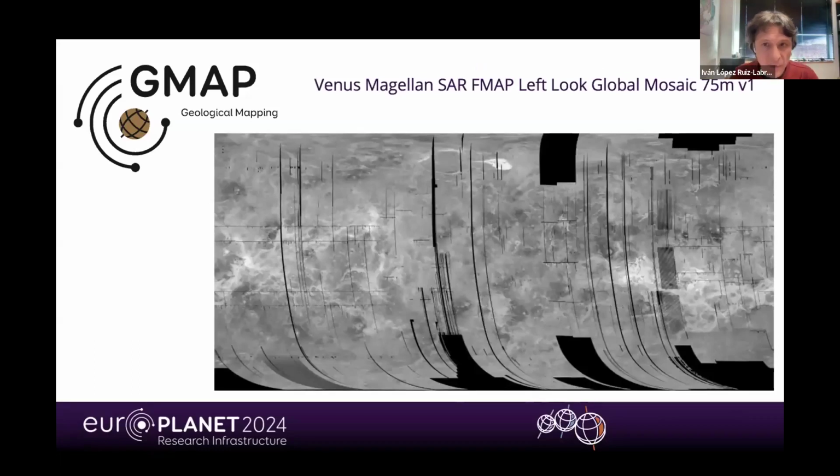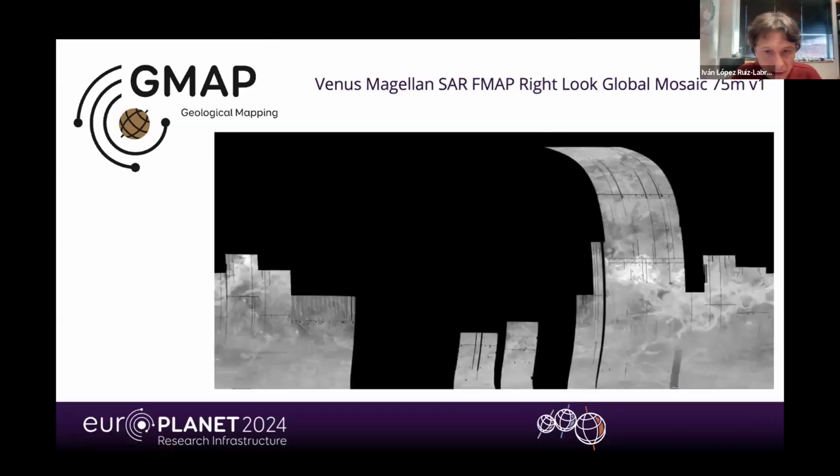These are examples of all the data sets that were returned by the different science cycles of the Magellan mission. There are several cycles. The first, cycle 1, produced images of about 98% of the surface of Venus. In this case, the illumination was from the left, and we are going to see that in detail later. Then cycle 2 produced images illuminated from the right.